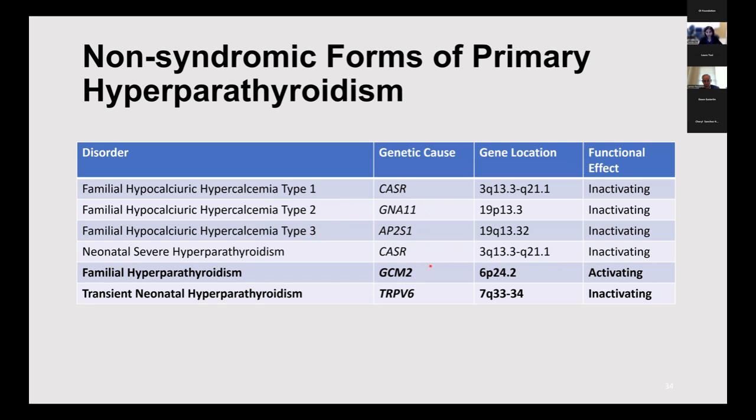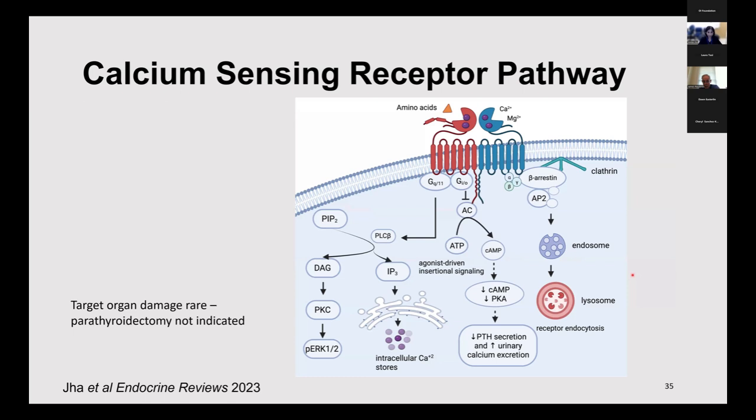And in more recent years, two new genes have come up: GCM2-mediated primary hyperparathyroidism, and transient neonatal hyperparathyroidism, which is associated with TRPV6, which codes for a calcium channel. Most of these are inactivating mutations, except for GCM2, which is an activating mutation.